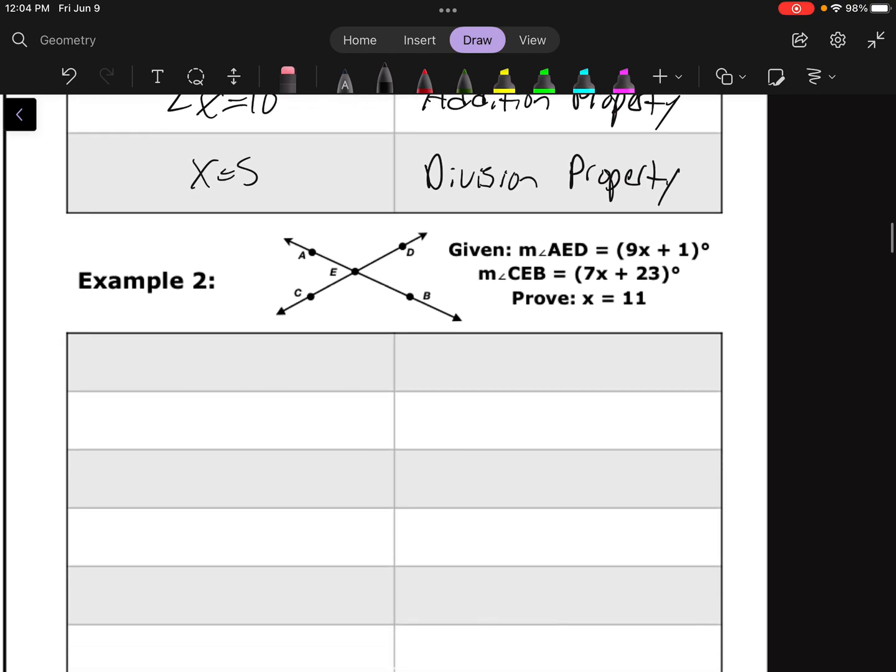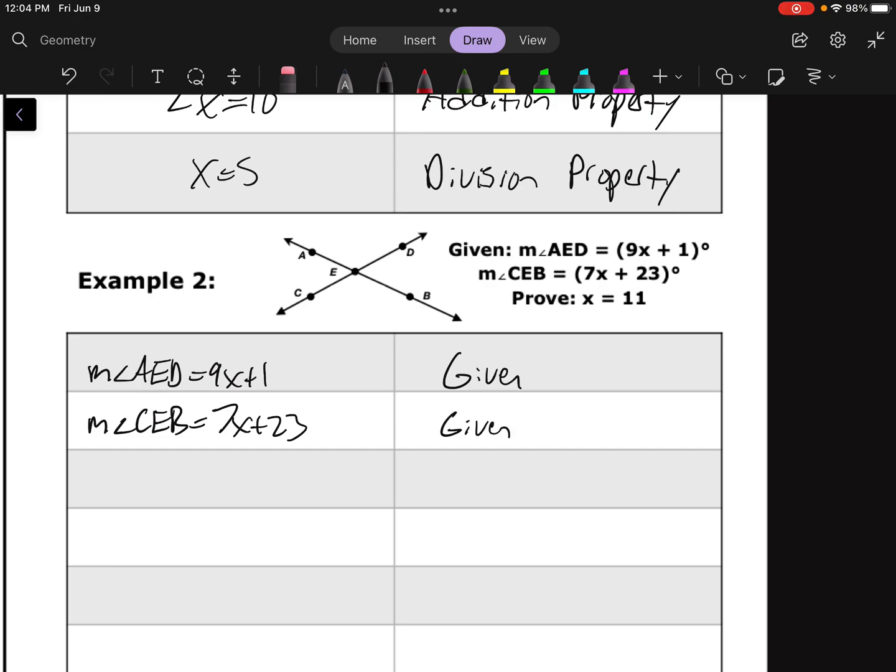The second one here, we've got two givens. We've got AED is 9x plus 1. And CEB is 7x plus 23. And those are these angles.